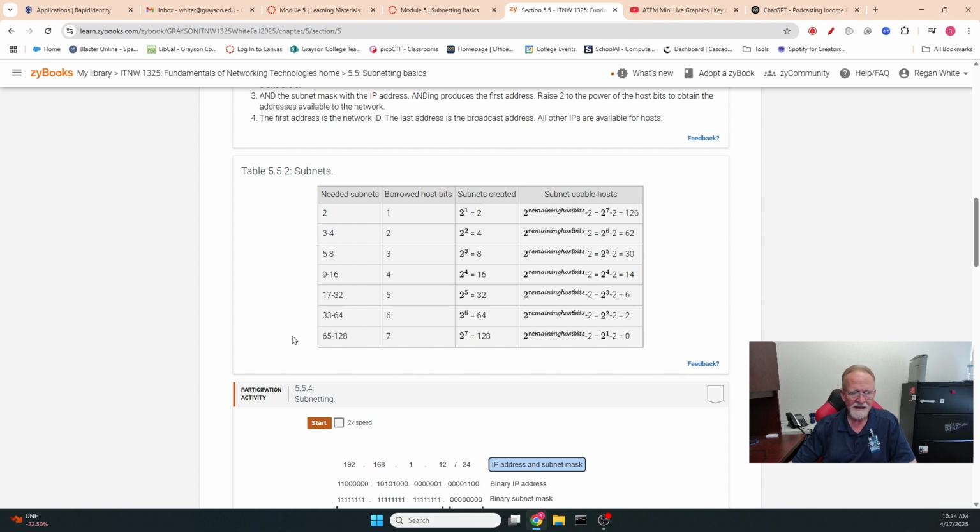Or here, if you're going to create between 65 and 128 subnets, you're not going to have any available host addresses, so you can't use it. So that would be kind of pointless. Mathematically, we need to know how to do it, but as far as practically goes, usually 2, 3, 4, that's the most you're going to ever need.